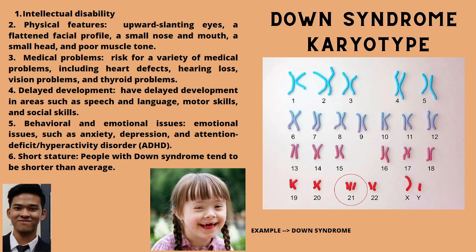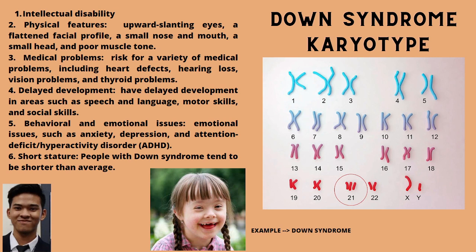Fifth, behavioral and emotional issues. Individuals with Down syndrome may have an increased risk of certain behavioral and emotional issues such as anxiety, depression, and attention deficit hyperactivity disorder (ADHD). The sixth is short stature. People with Down syndrome tend to be shorter than average.